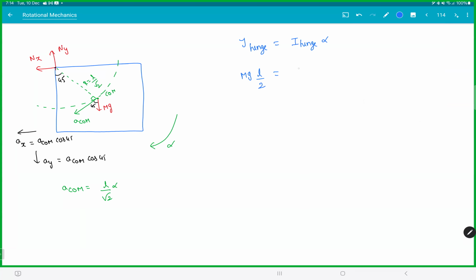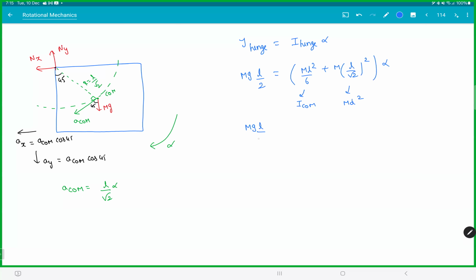I about the hinge is how much? It's not ml square by 6. You have to use parallel axis theorem. Ml square by 6 plus m L by root 2 whole square. This is I center of mass and this is md square. If you take torque about the hinge, then take I also about the hinge.